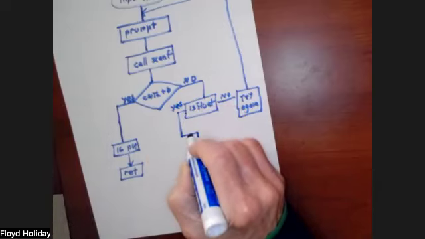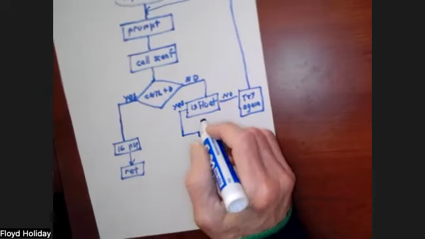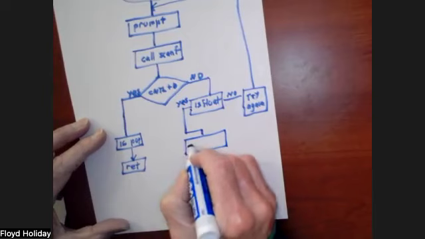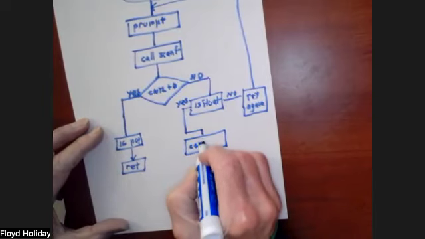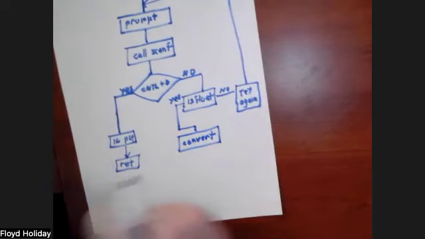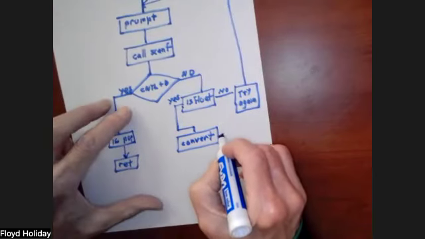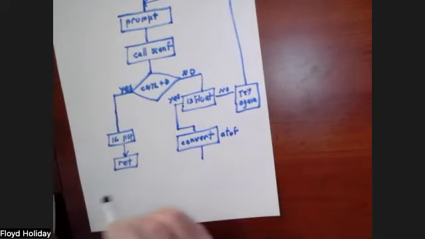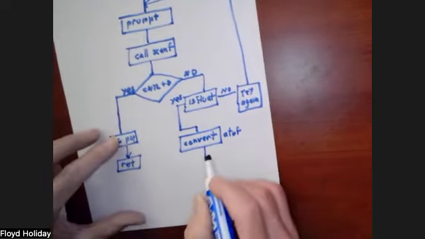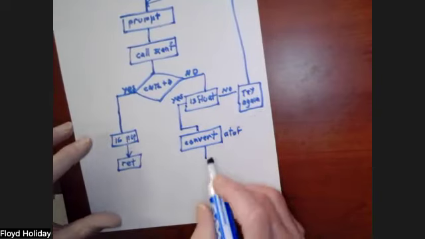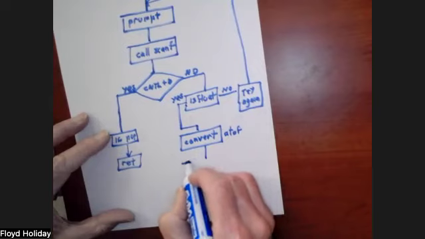Okay, it was missing in the last diagram. So here you do a convert using ATOF. After which that produces XMM0 with the inputted number.